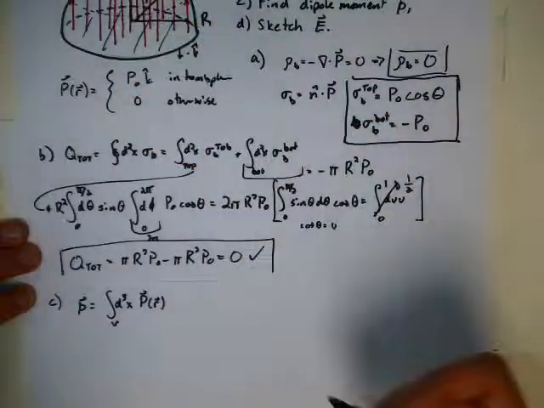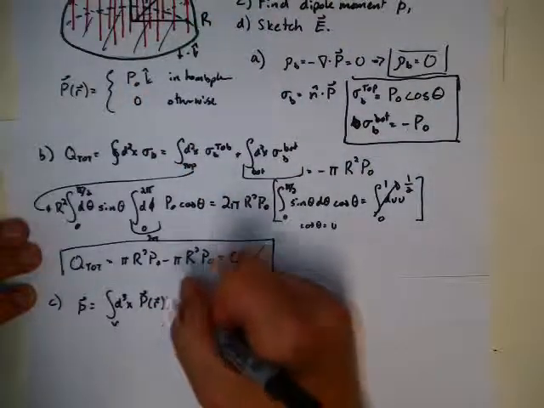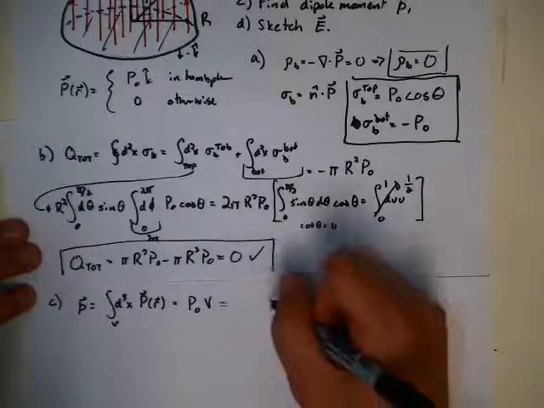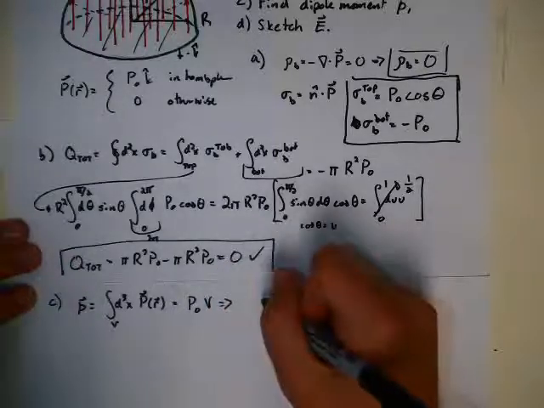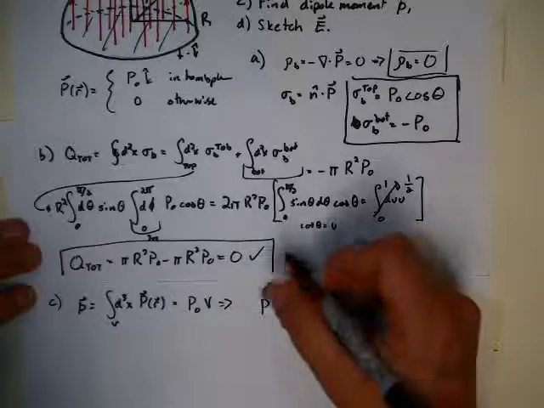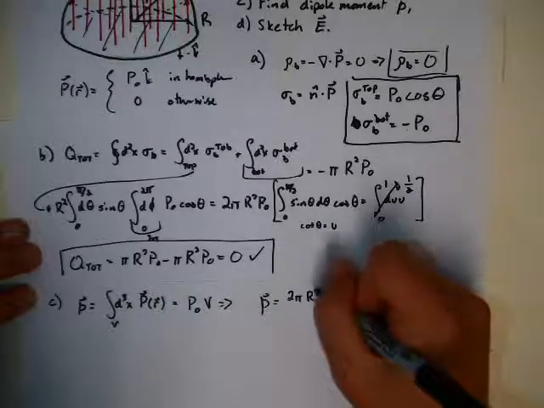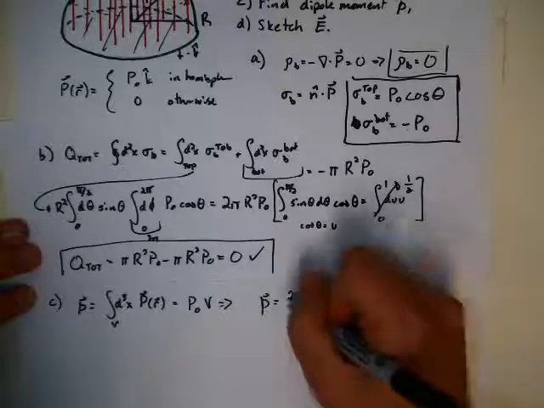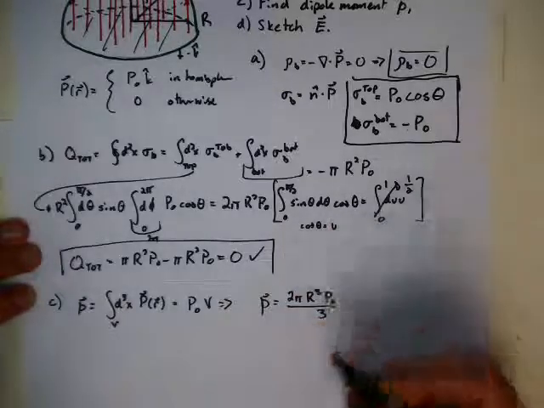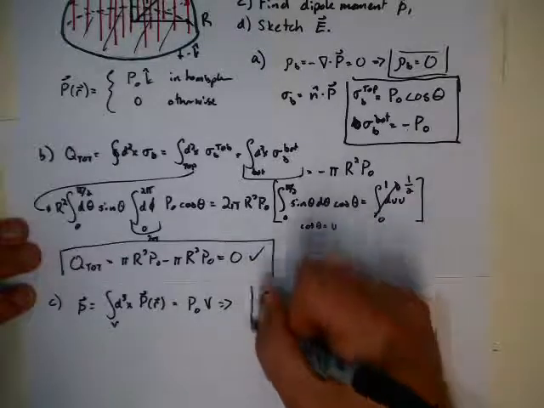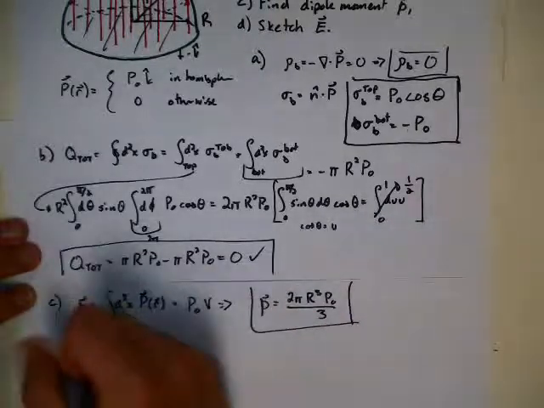For us, this is easy because it's a constant, and so this is just going to be P naught times whatever this volume is, and so this is going to give that our dipole moment is 2 pi capital R cubed P naught over 3, because it's half the volume of the sphere. So instead of 4/3, it's 2/3. And so that was really easy.